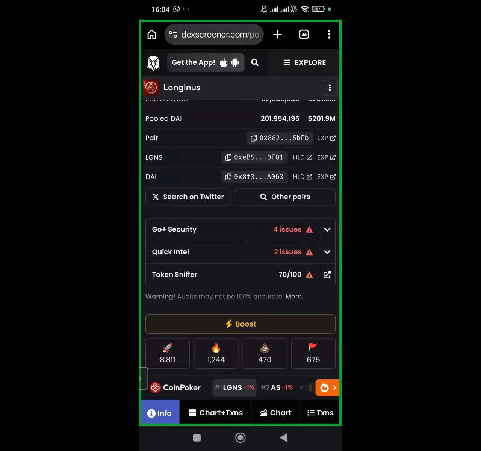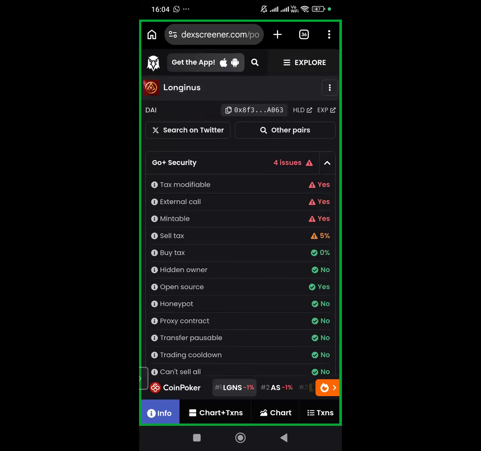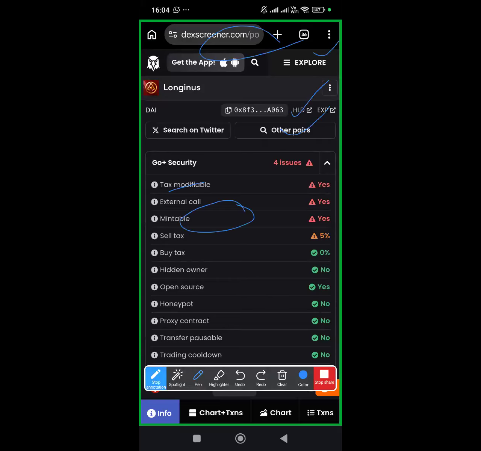You can see, my brother, the issues. If DEX Screener is buyable, the money is small for LGNS's owner. He gave 1 million to that screener and said, please remove these red things. Please, do not say yes here. DEX Screener, you do not say yes: I am not text modifiable, I am not an external call, I cannot mint, I cannot change text.